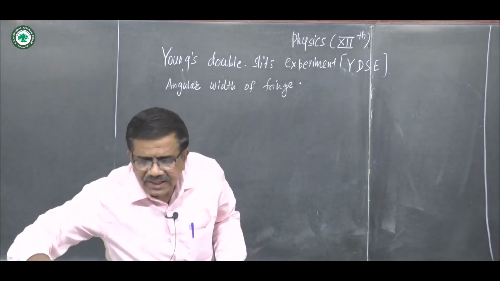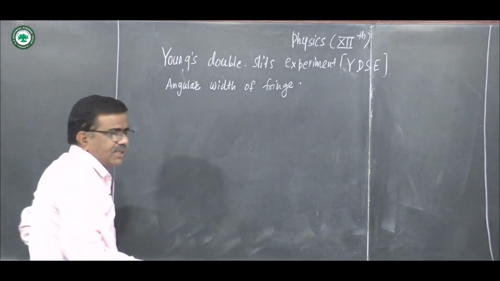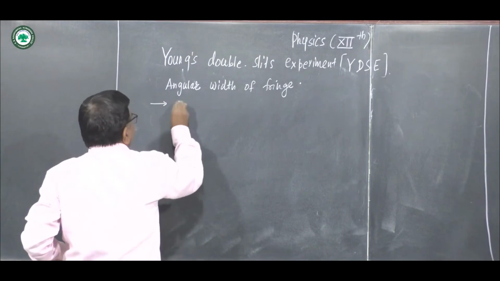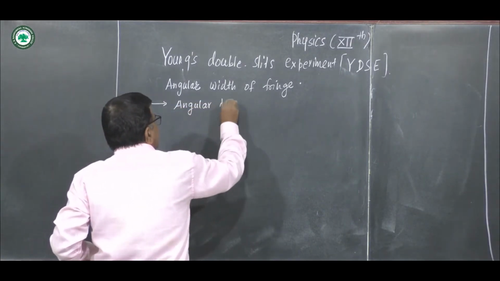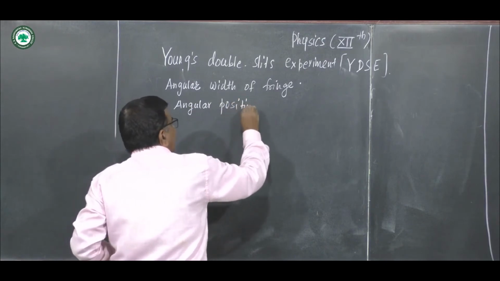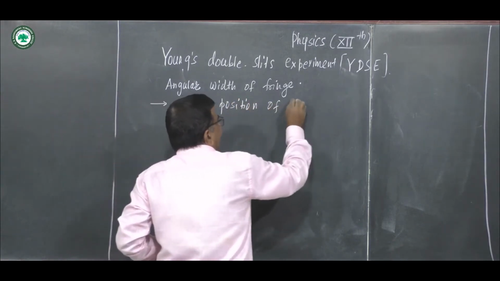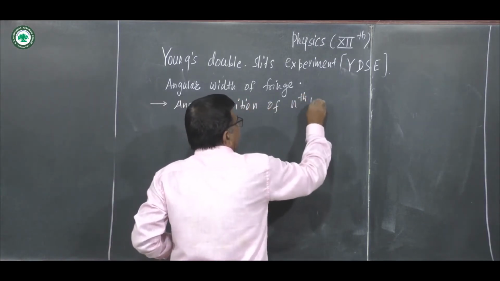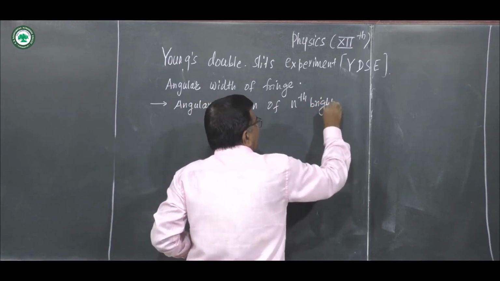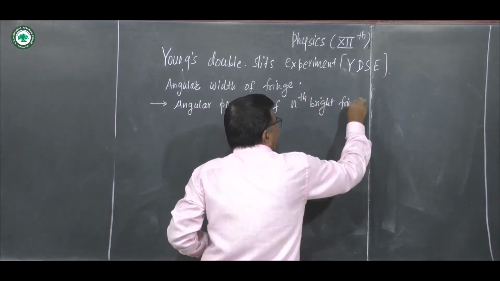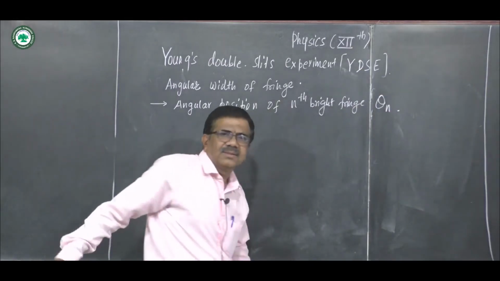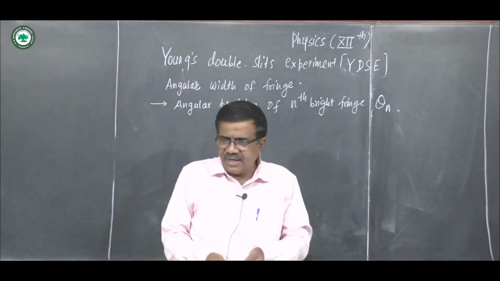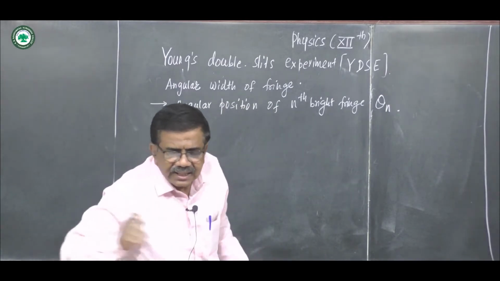Firstly, we find the angular position of the nth bright fringe. We denote it as theta n.